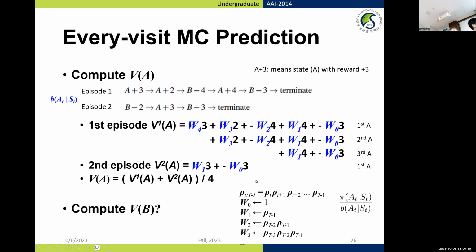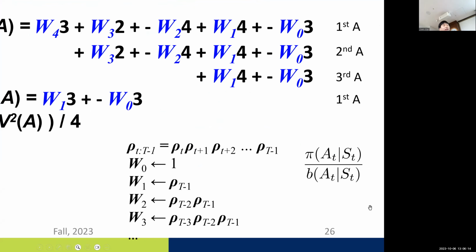Since we didn't specify pi and B, even though B is known, we don't have the actual probability values. But for some systems, W0 can be calculated based on pi and B. Also, I gave the implication of each W. W0 equals 1, W1 equals the importance sampling ratio of rho T minus 1.